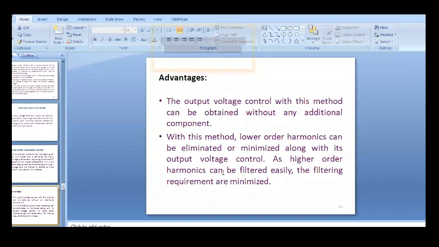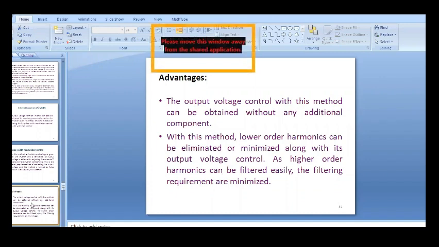And these are the disadvantages basically. The main disadvantage of this method is that the silicon controlled rectifiers are expensive as they must possess low turn-off and low turn-on time. The turn-on and turn-off times are very low.